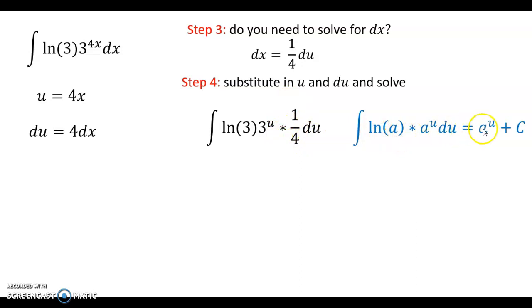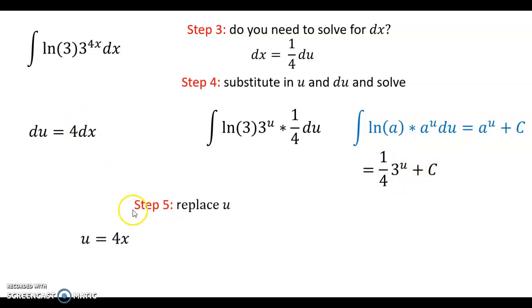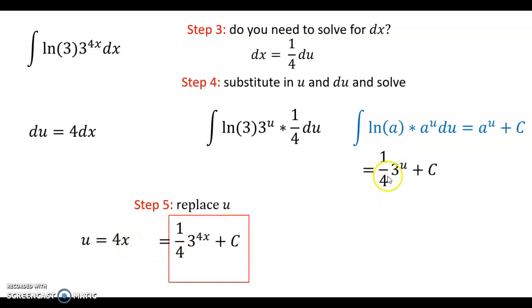Looking at this, we're going to get 3 to the u plus c. We've got that 1/4, which just comes along, it's a constant. So let's replace u, which is 4x, which gives us 1/4 times 3 to the 4x plus c.